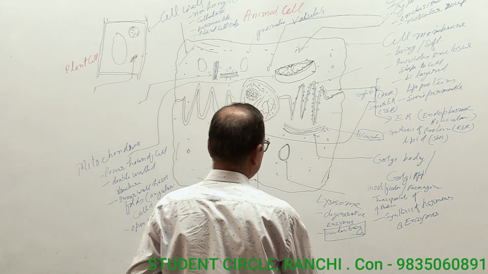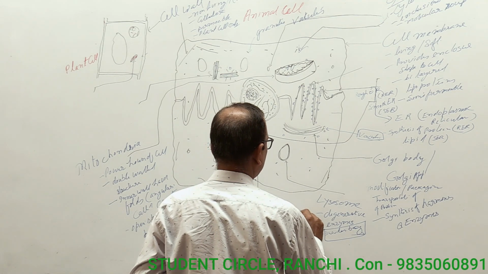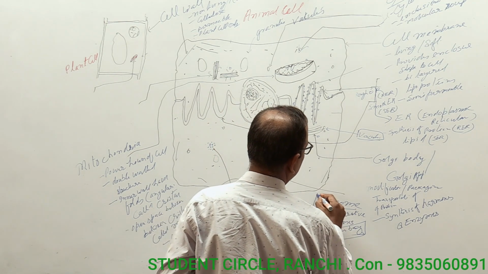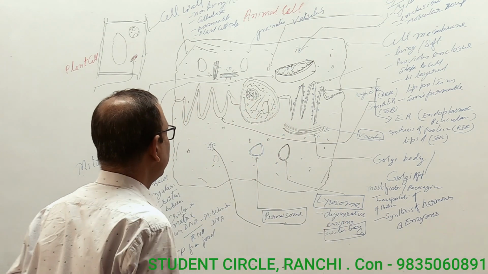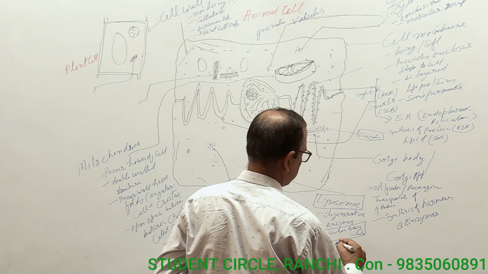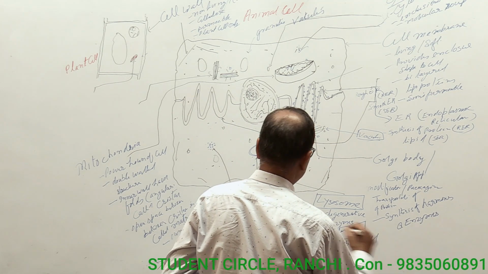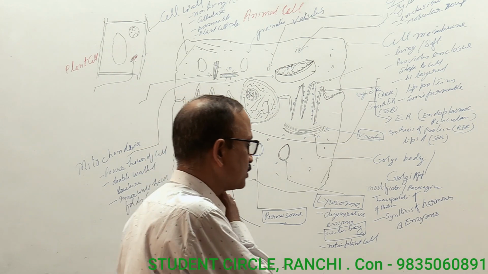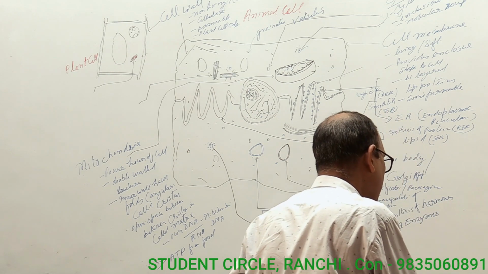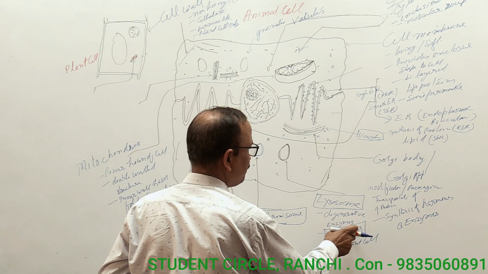Next one is peroxisome. These lysosomes and peroxisomes are absent from plant cells, not in plant cell. Peroxisome is a sac-like compartment containing oxidative substances. This is degenerative enzymes in lysosome.